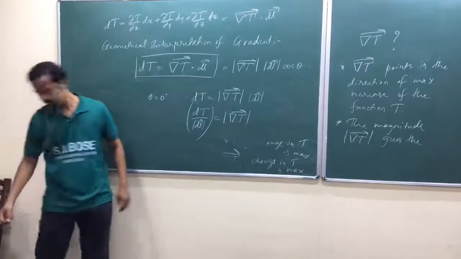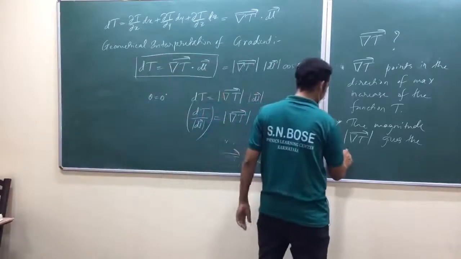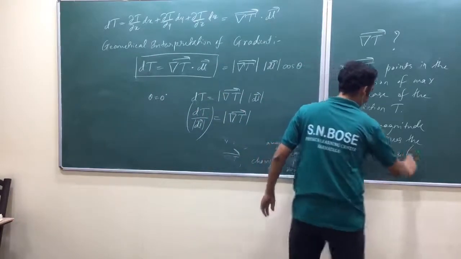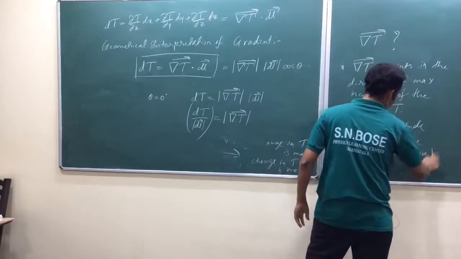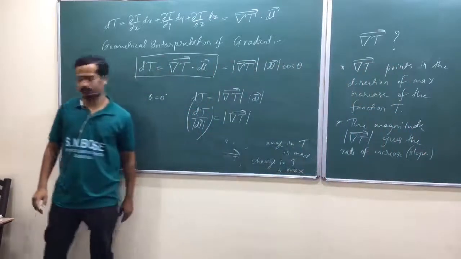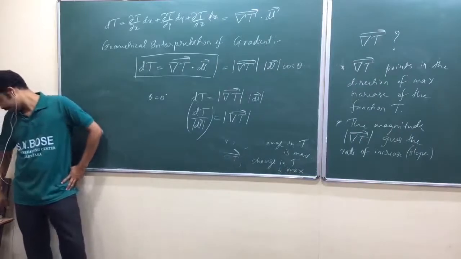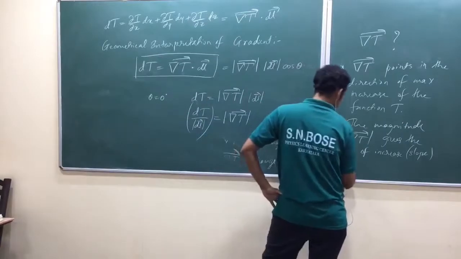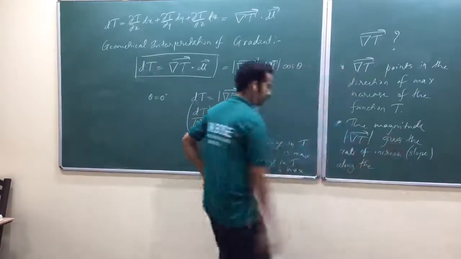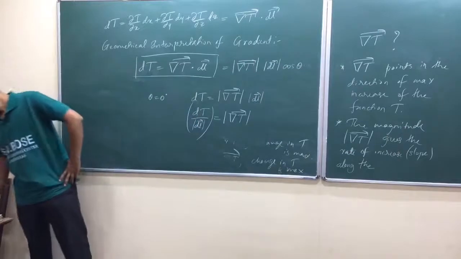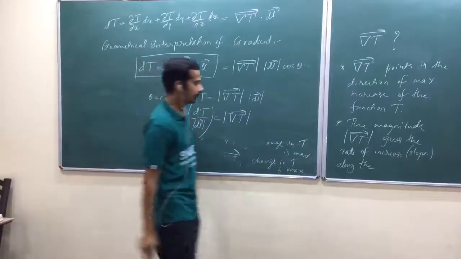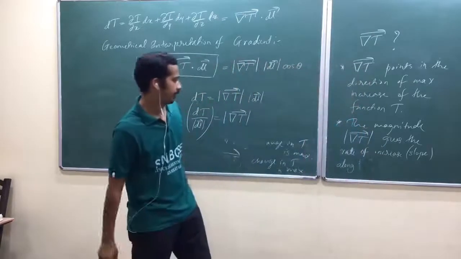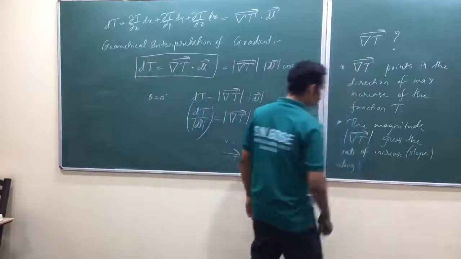Rate of increase gives the rate of increase, or sometimes you can call it a slope, along this maximum direction. You have to say like that, isn't it?